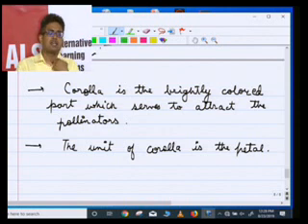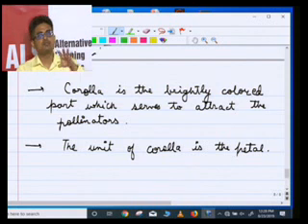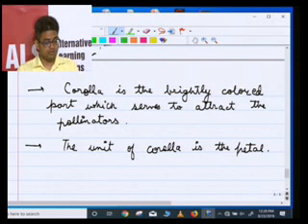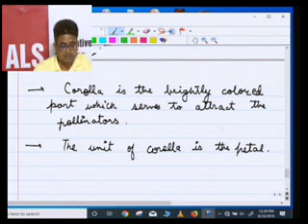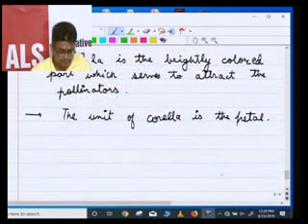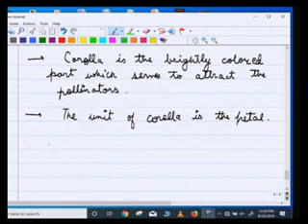We have described calyx and corolla, and now we need to describe a few terms related to both. What are the things being asked in the examinations? These things are fusion of calyx or corolla, the gamosepalous condition.